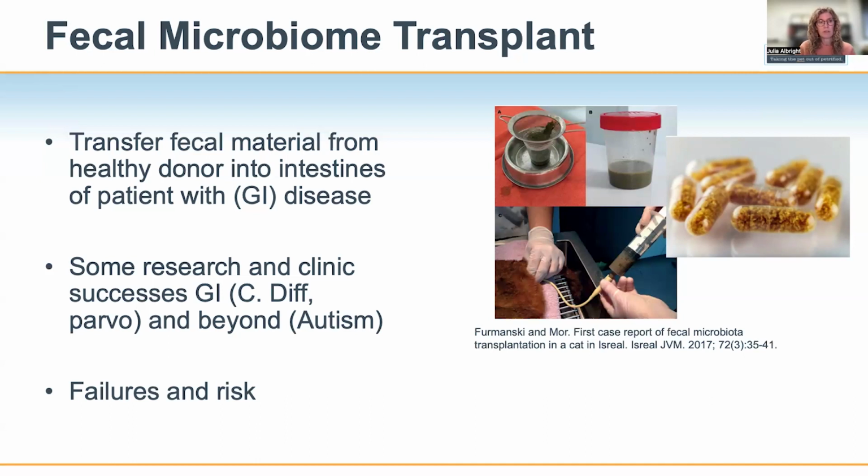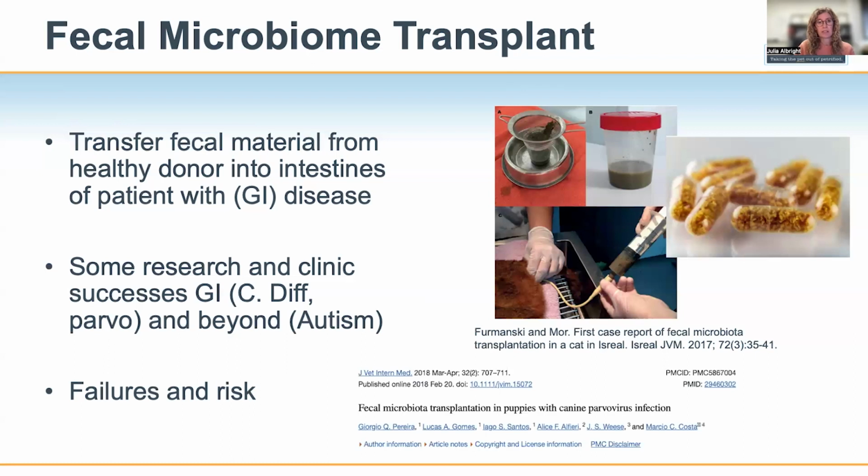Certainly there is some research showing many successes. There's a really interesting clinical study going on with autism. But of course, we want to focus on our companion animals. There are a couple of studies out there like this one, where puppies that were suffering from parvo had an improved outcome after fecal microbiota transplant from healthy dogs.